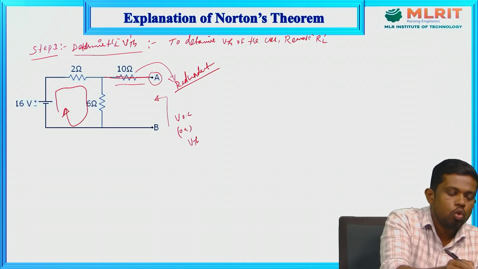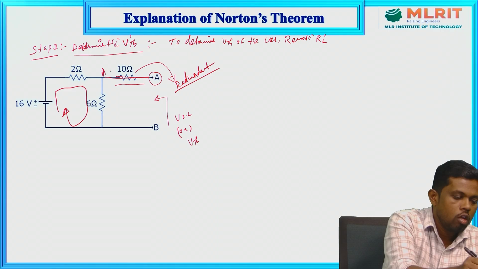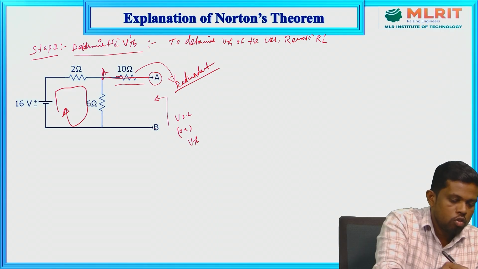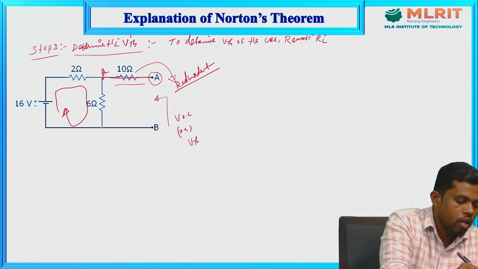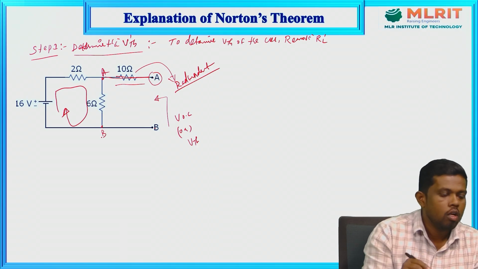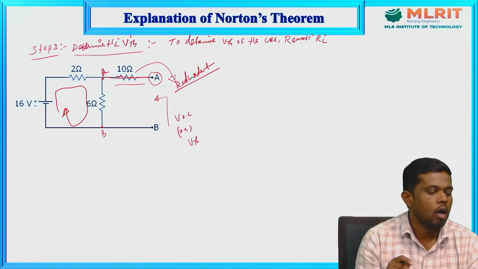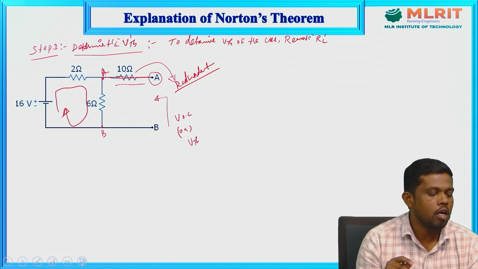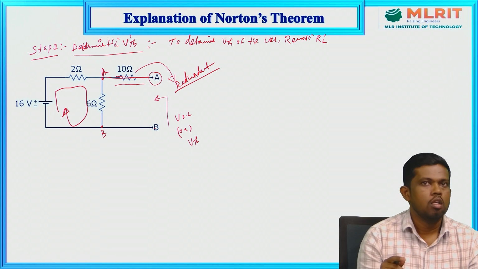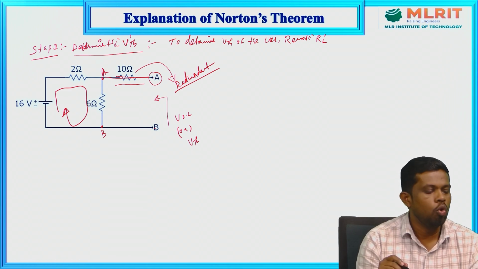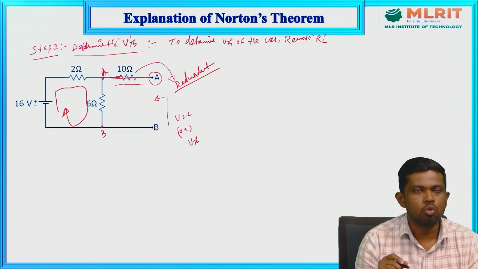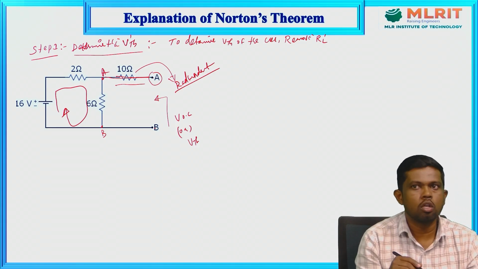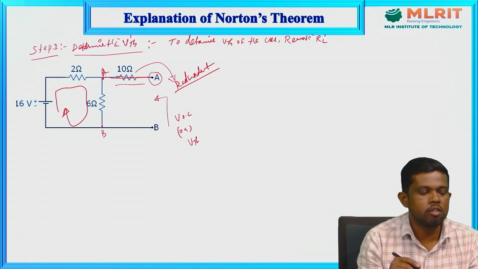There is no potential difference between this point and point A, and none between this point and point B. Whatever voltage appears across these AB terminals is the same as across the 6 ohm resistor. That corresponding voltage is called the Thevenin voltage or open circuit voltage.